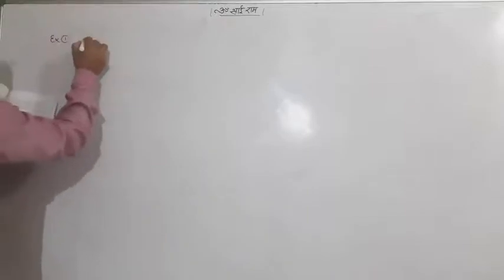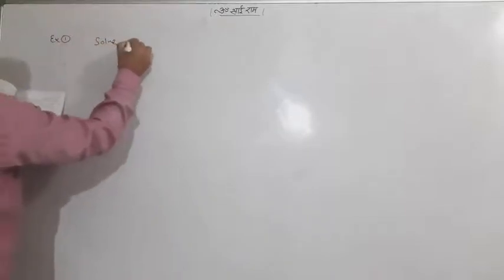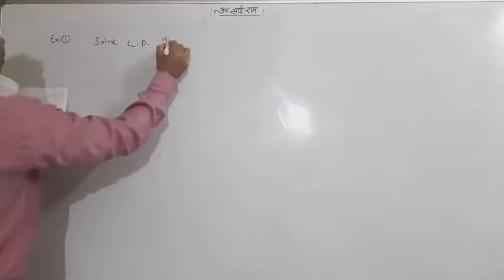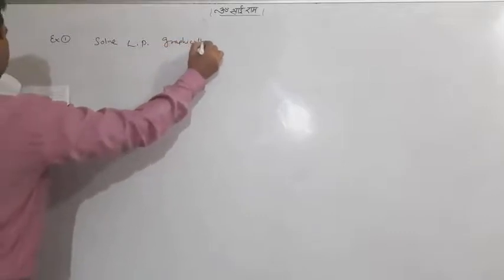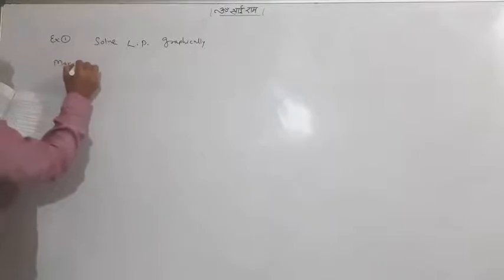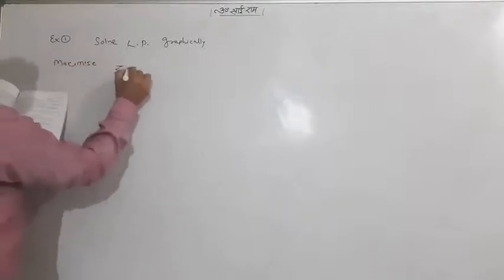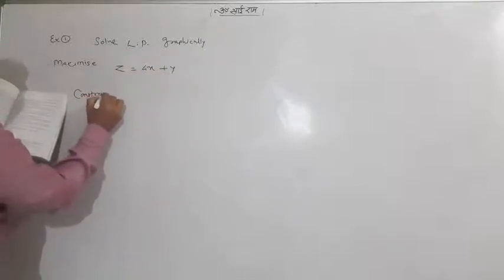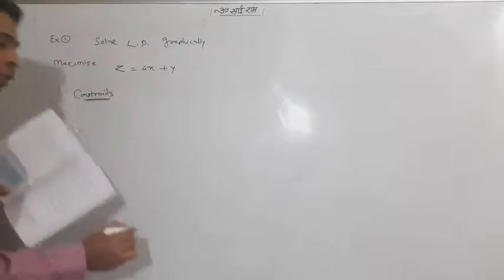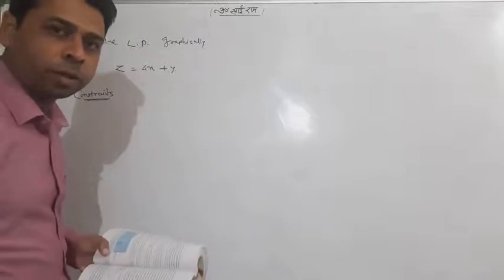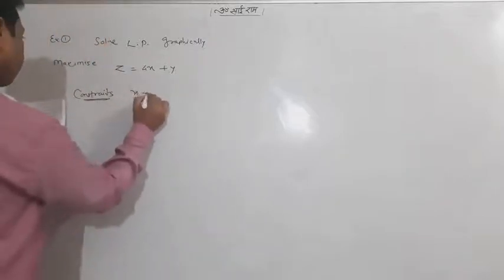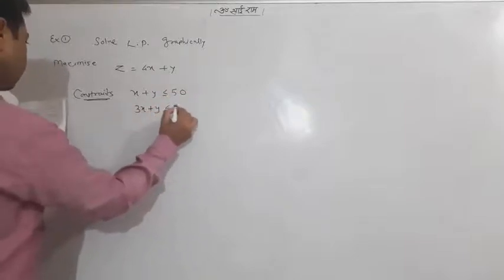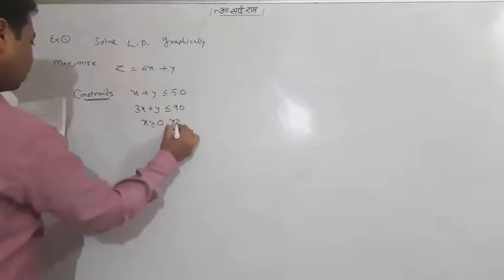Example number 1: solve the following linear programming problem graphically. The question says graphically, and we have to maximize z equal to 4x plus y, and the constraints, meaning linear inequalities, are x plus y ≤ 50, 3x plus y ≤ 90, x and y ≥ 0.